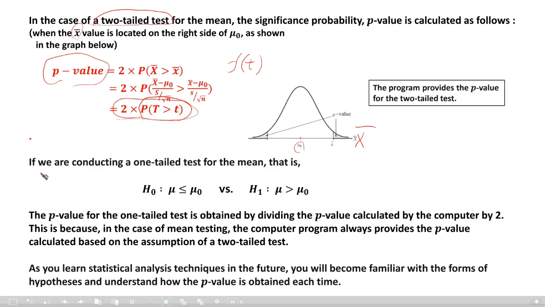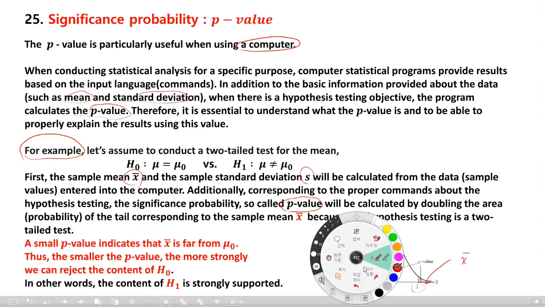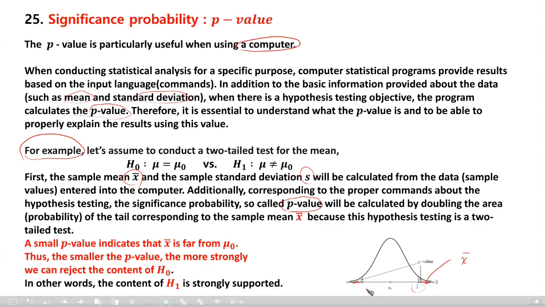It is nothing but simple. Let's see this part. A small p-value indicates what? Small p-value indicates x bar is far from mu 0, right? Thus, the smaller the p-value, the more strongly we can reject h0, right? If x bar is here, then it is smaller p-value.